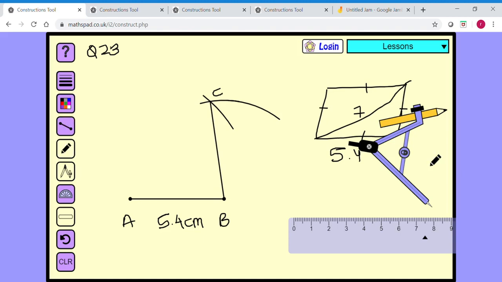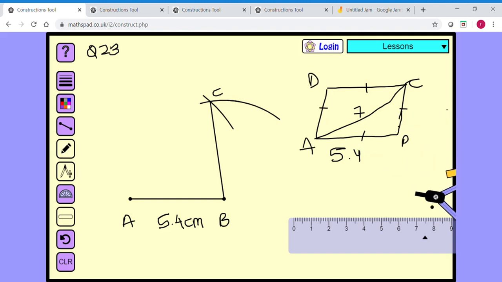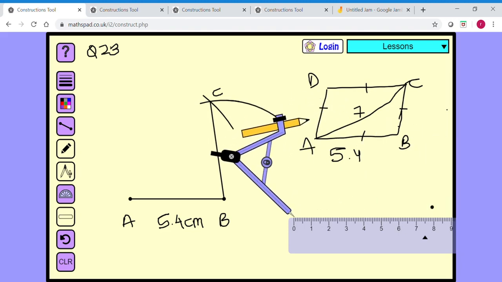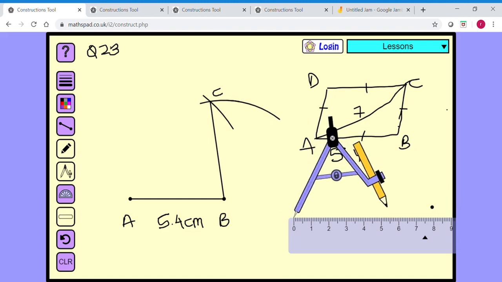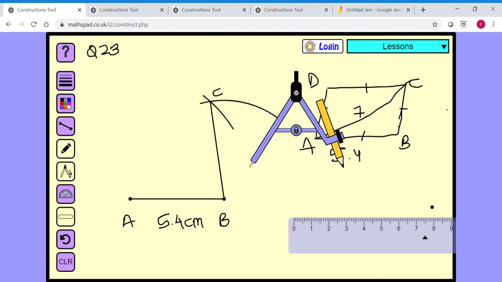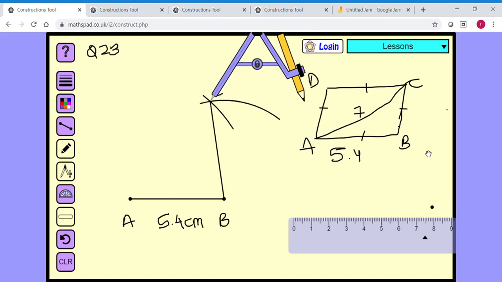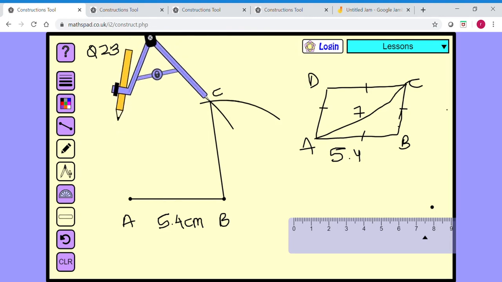So this is my C, D. Now that this is done, all I need to do is find point D, which is again at a distance of 5.4 from A as well as from C. So I have got my compass here and I cut an arc somewhere here.